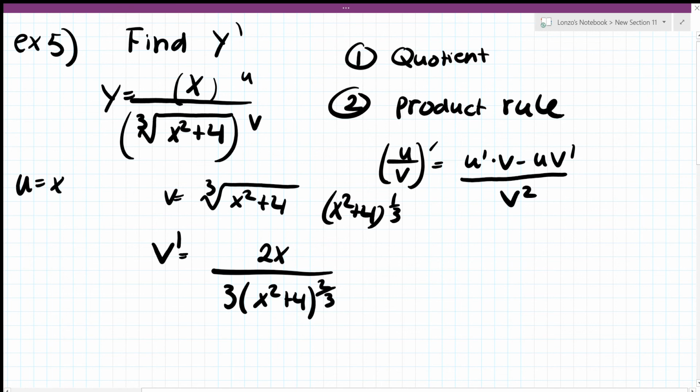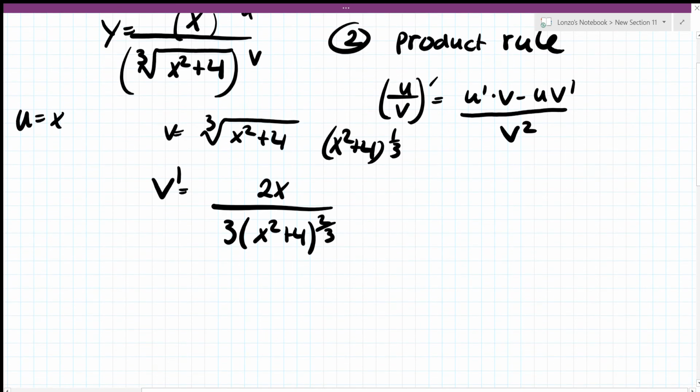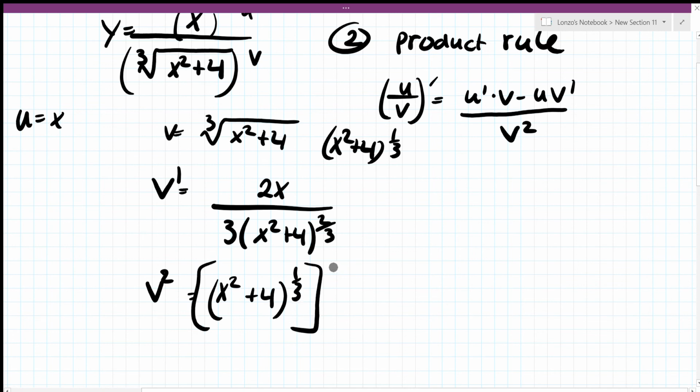So that's v prime, and then you've got to find v squared, because this is the quotient rule. So v squared is x squared plus 4 raised to the 1/3, and then you square that.